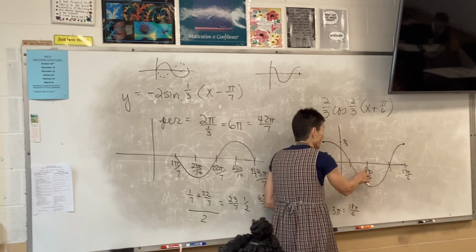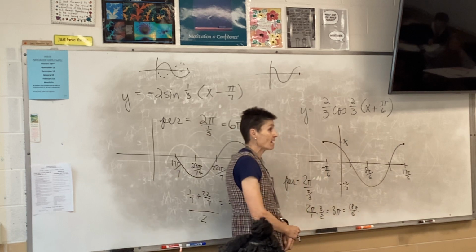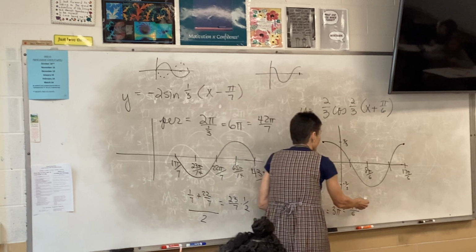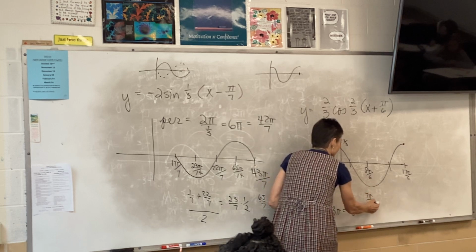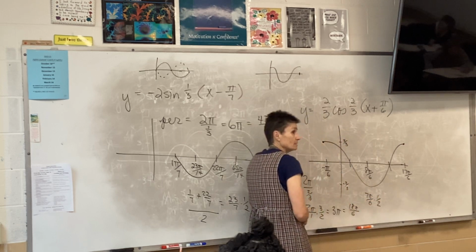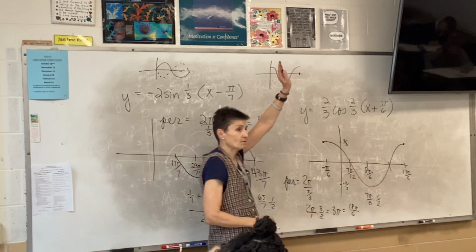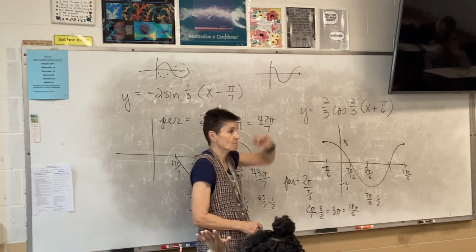So -1 and 8 will be 7. Oh shoot, there's no half of 7. So it's 7/6 cut in half. So did you say 7/12? How many said 7/12? Oh, you people are my heroes, perfect.